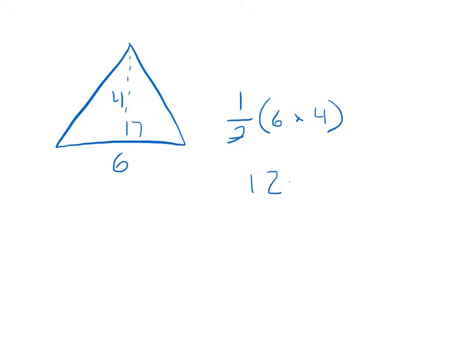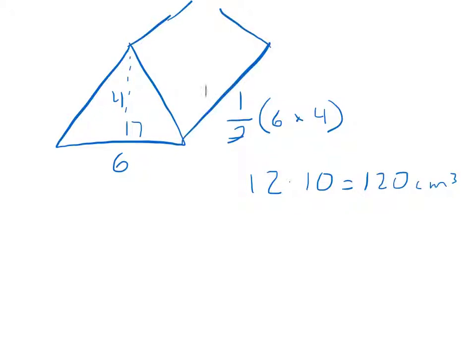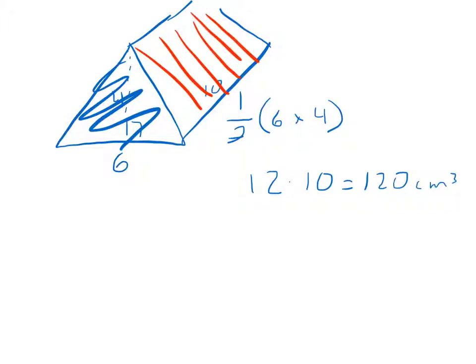And the distance then, the depth is 10. 12 times 10 is 120. And this is cubic centimeters. So I should add that depth there. Kind of goes off the screen, but that's a 10. So we found the area of just the front, and then we decided that there were 10 slices of it, or 10 more pieces of that same area. So we multiplied it by 10.